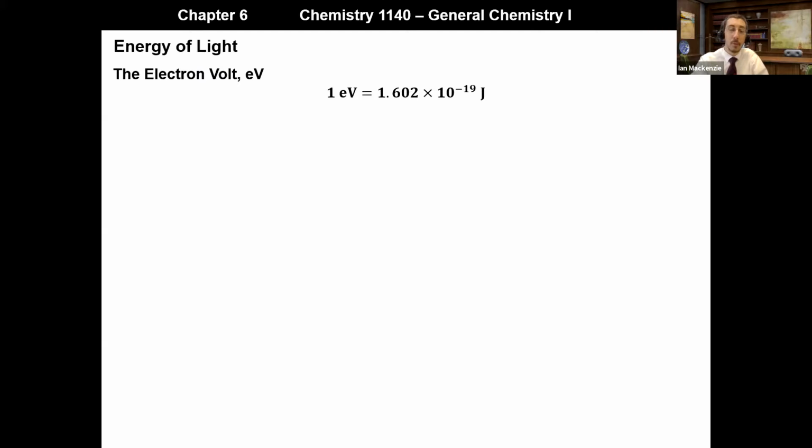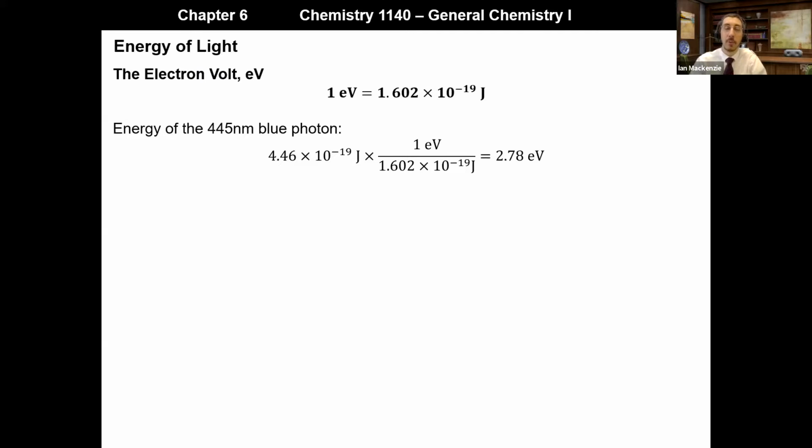And so now if we revisit that problem that we just did and look at the energy of a 445 nanometer blue photon, we can take the energy we'd calculated and convert that to a much more manageable unit, 2.78 electron volts. Now I have no ginormous exponents, and I can deal with things simply on this one order of magnitude.